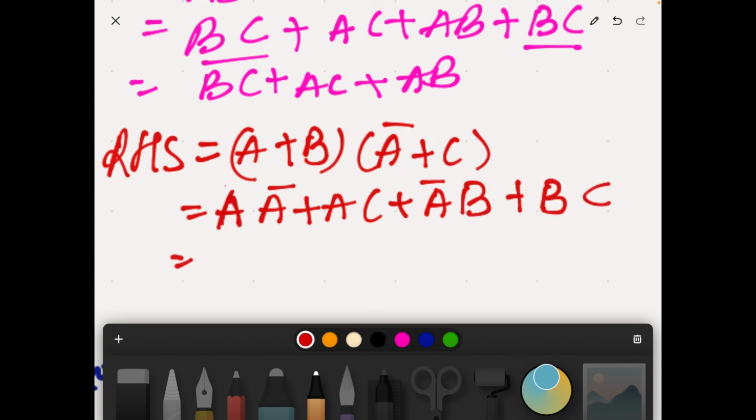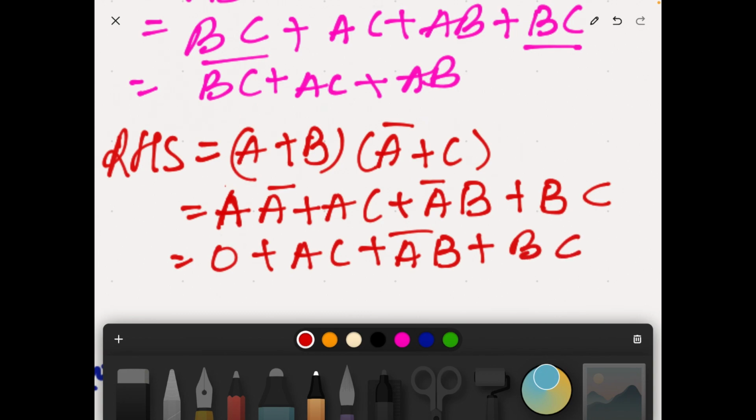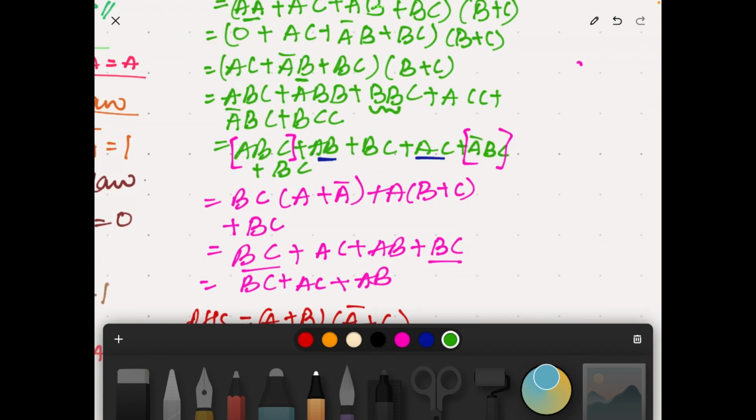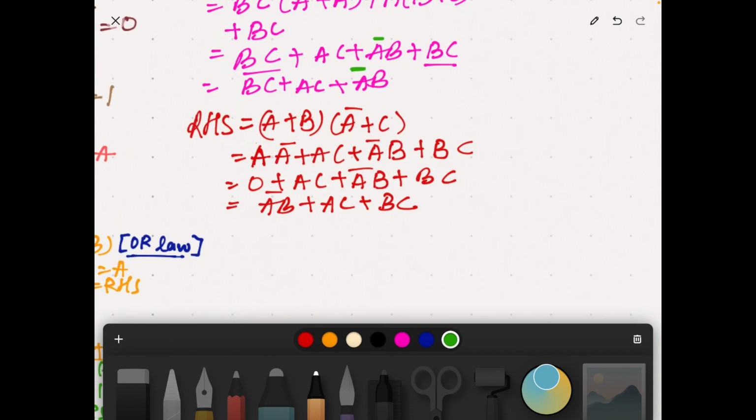So we know that A A bar gives us a 0, plus AC plus A bar B plus BC. I have a feeling I made a mistake. Wait, let me check. Here there was an A bar, I didn't write it here. So we now got LHS equal to RHS. See, you make mistakes like this, please be careful.